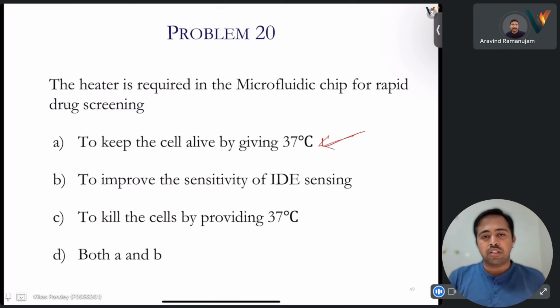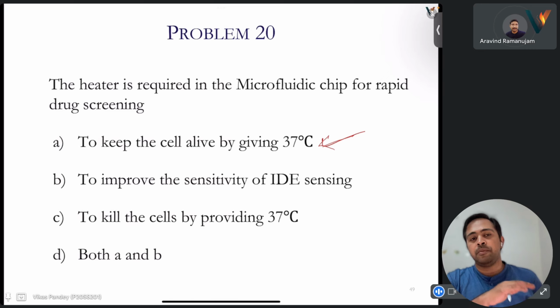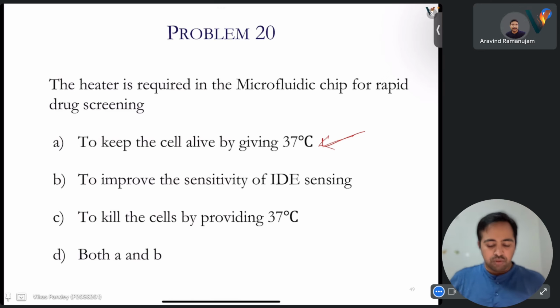As for B, the sensitivity: in all this, there is no sensitivity testing based on temperature. Otherwise, we could have gone for different temperatures and seen at which temperature it is most sensitive. We are directly going for 37 degrees Celsius because we want the cell to remain alive, in the normal body condition. So the second is certainly not true.